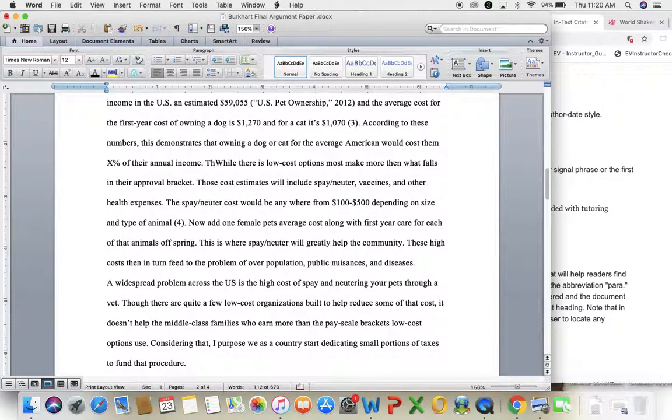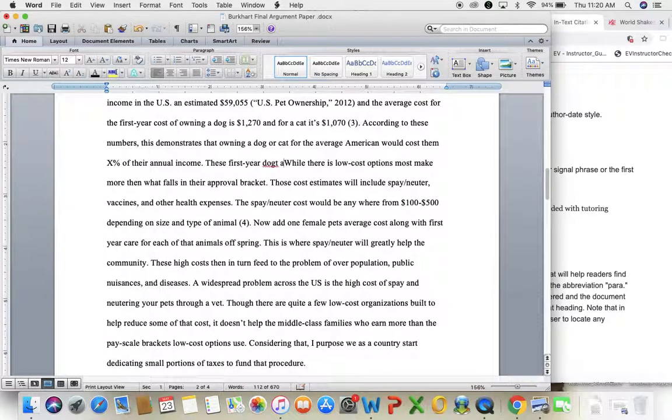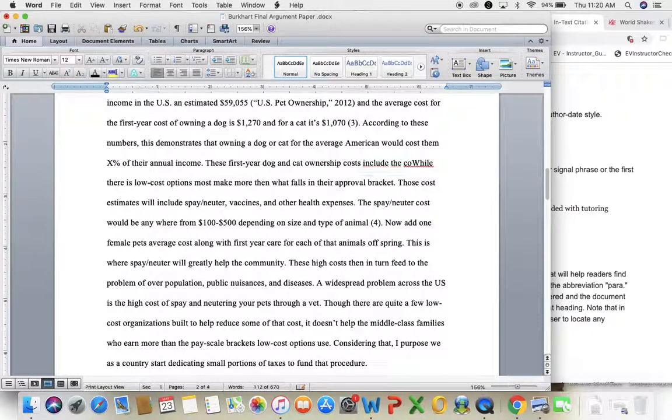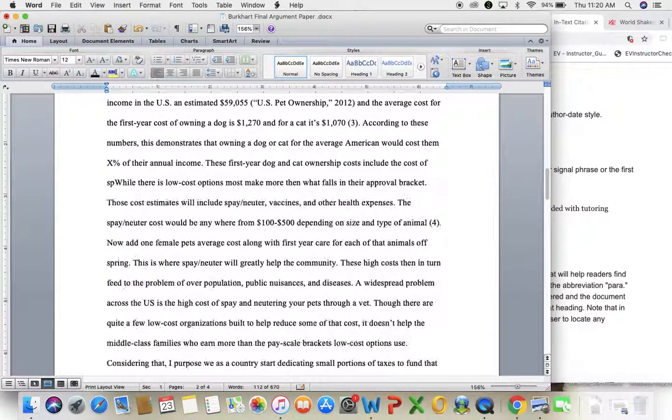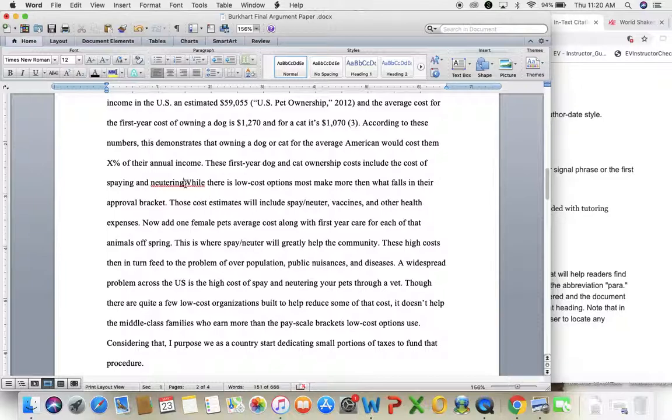And you might say something like, these first year dog and cat ownership costs include the cost of spaying and neutering, and then you would want to use this information here. So I would take that out, because then we want the costs for that right away.